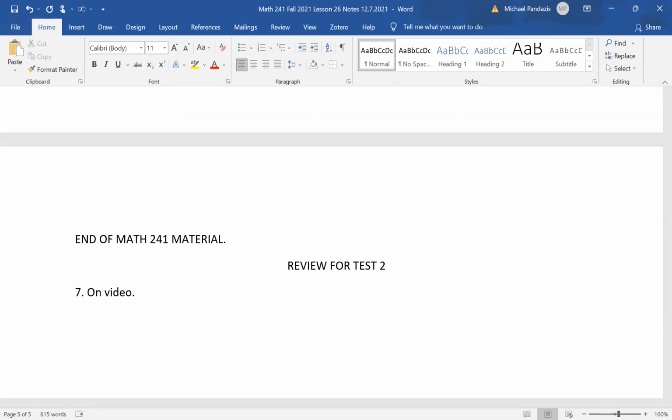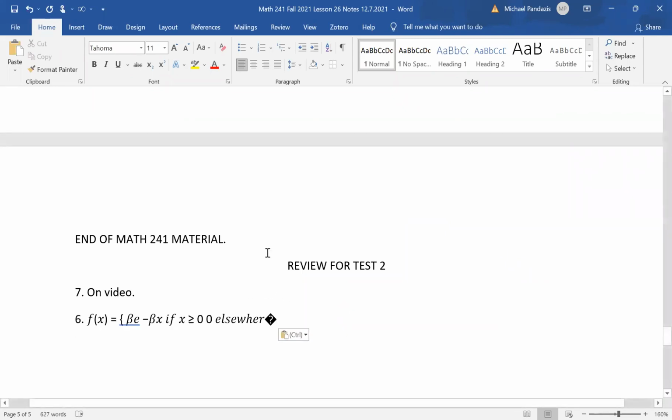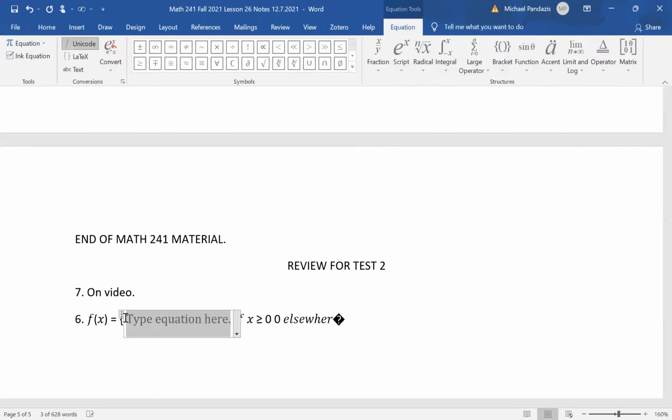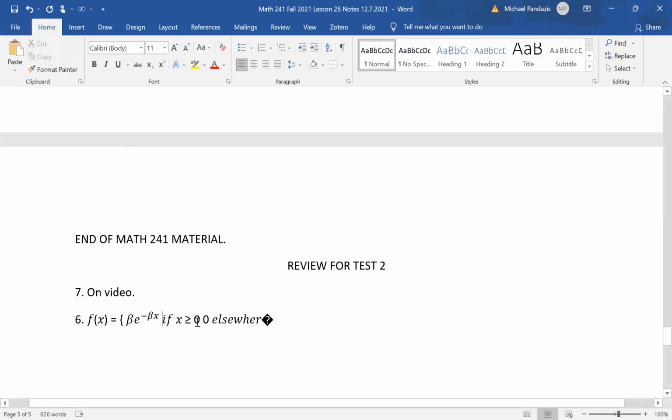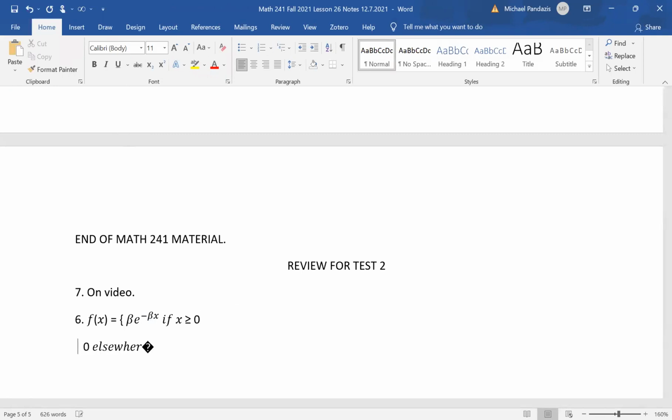Okay, number 6, that's our PDF, right? So it's beta e to the negative beta x, if x is greater than or equal to 0 and 0 elsewhere.